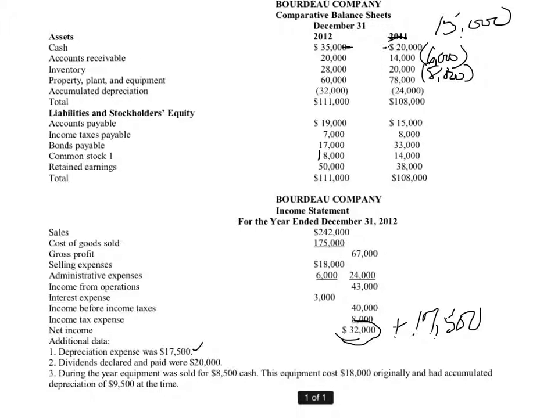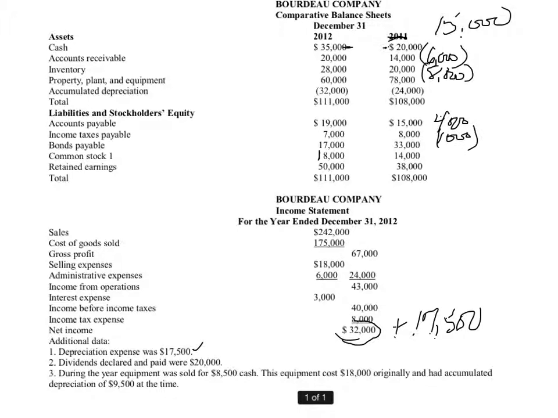Accounts payable, on the other hand, increased, but that represents goods or services that were provided to us for which we haven't paid. So that's basically looked at as a source of cash, and in this case, it's 4,000. So we leave it unbracketed. Income tax payable, well, that went down 1,000. The only way it could go down is that we paid it off, so it's a use of cash.